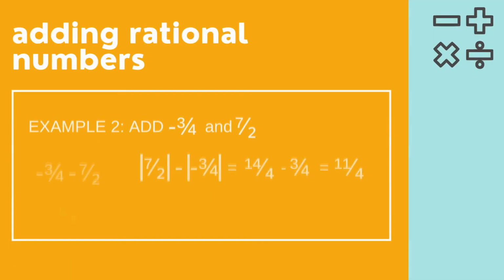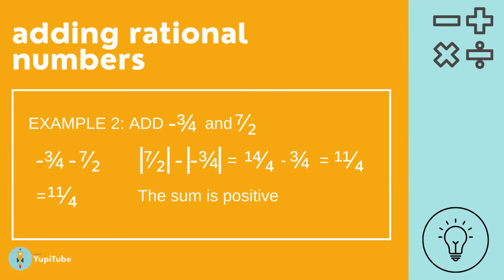Example number 2. Add negative 3 over 4 and 7 over 2. First, we must change these dissimilar fractions to similar fractions by finding their LCD. Their LCD is 4.